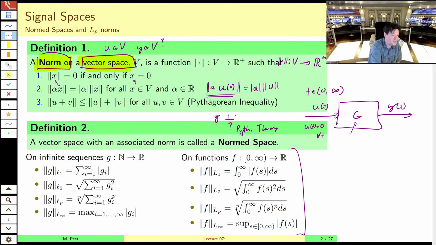So we say u and v are perpendicular in a certain sense. We need an inner product space for that, but that's not a norm. However, if they're perpendicular, the Pythagorean theorem says the norm of u plus v squared is equal to the norm of u squared plus the norm of v squared.